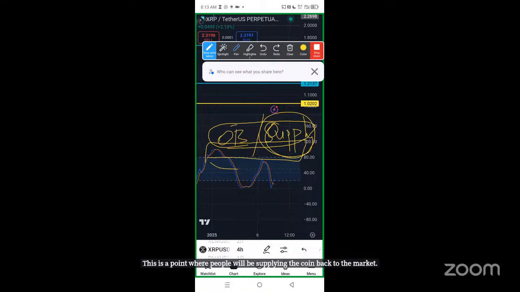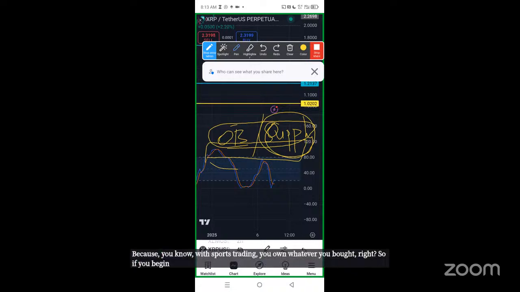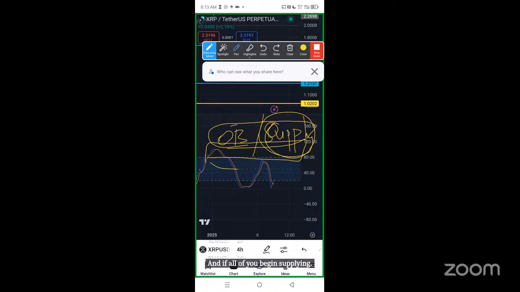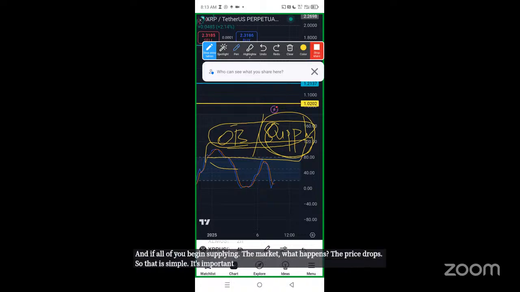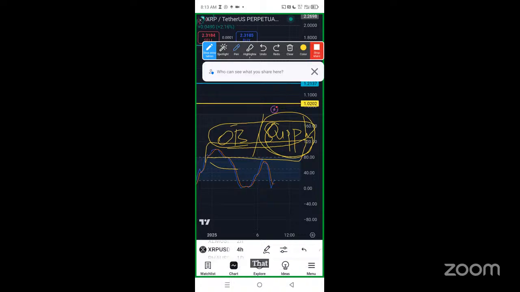Individuals who held the coins in their respective wallets, because with spot trading you own whatever you bought, right? So if you begin releasing it back to the market, that means you're flooding the market. So you are supplying people in the market. And if all of you begin supplying the market, what happens? The price drops. So in simple terms, that is what it would mean.